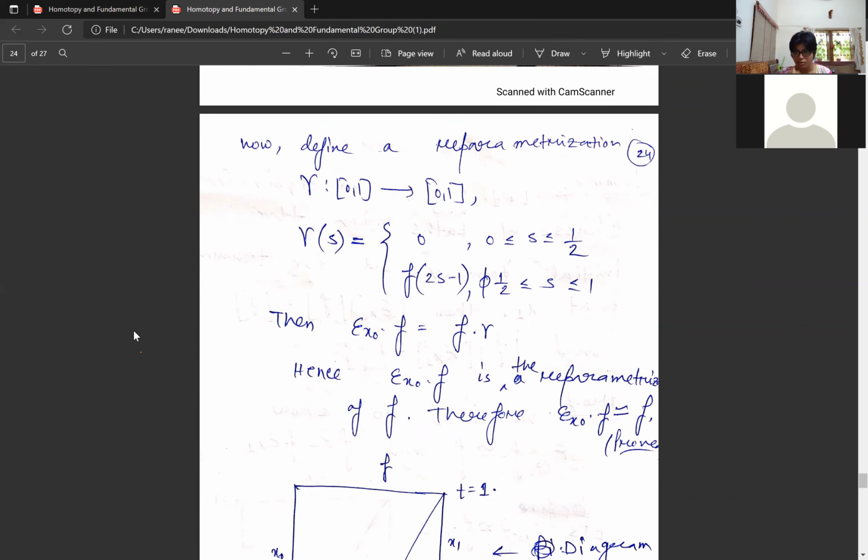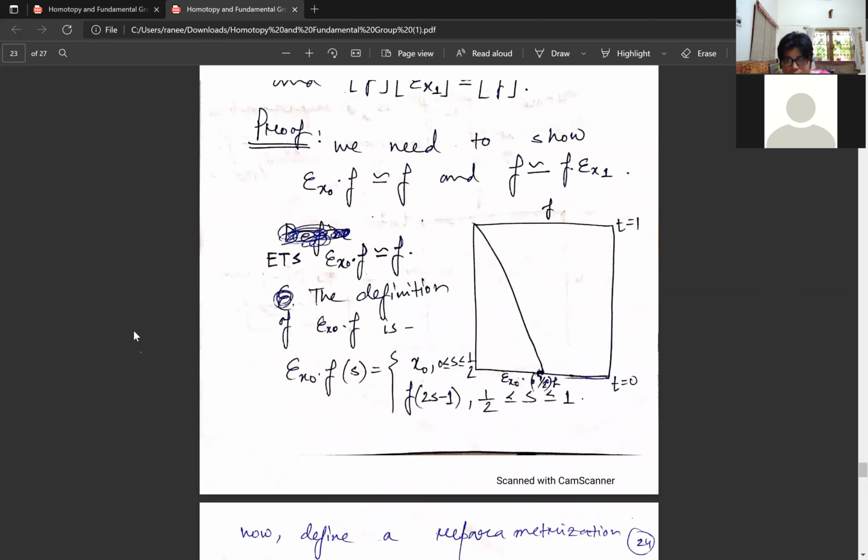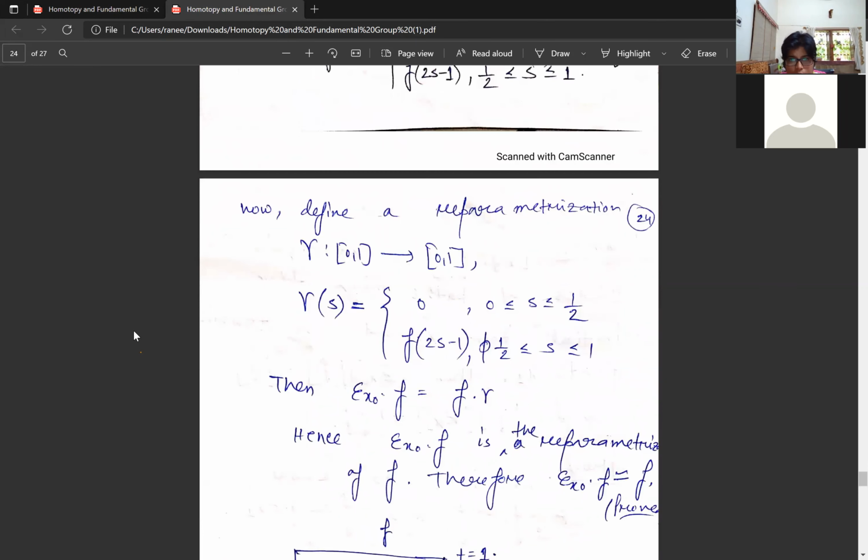Sorry, as I said, this f is a mistake. This will not be f. The gamma is just this. Then I'm composing with f, then it will be f of 2s minus 1. This is a writing mistake.